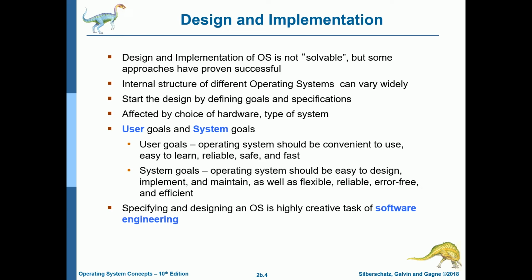Now, a similar set of requirements can be defined by the developers who must design, create, maintain, and operate the system. The system should be easy to design, implement, and maintain, and it should be flexible, reliable, error-free, and efficient. But again, these requirements are fairly vague. In short, there's no unique solution to the problem of defining the requirements for an operating system.